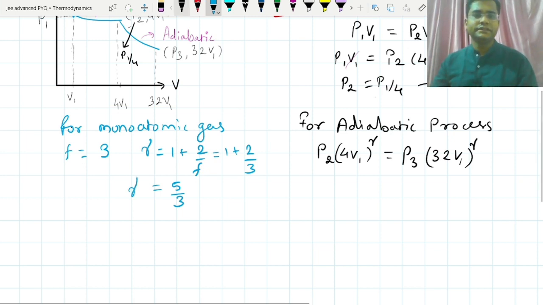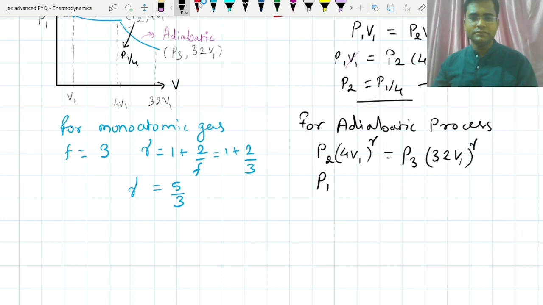Fine. Now let's use this value of gamma here. P2 we have calculated here; you can see P2 is P1 by 4. So let's write that value: P1 by 4 into 4 V1 raised to gamma, where gamma is 5 by 3.